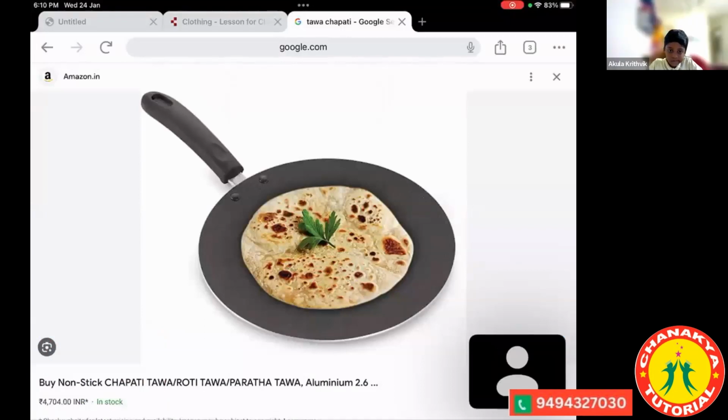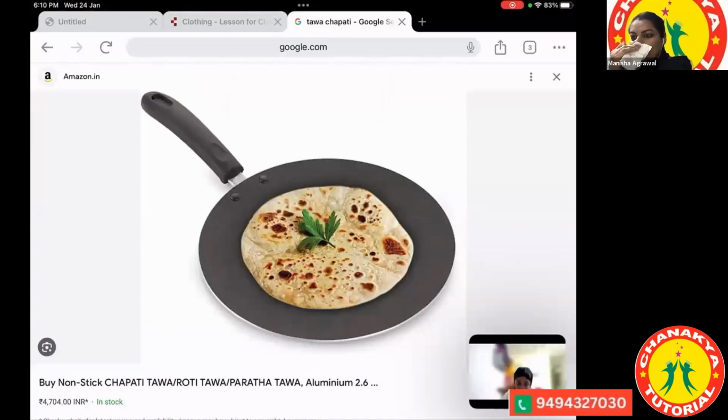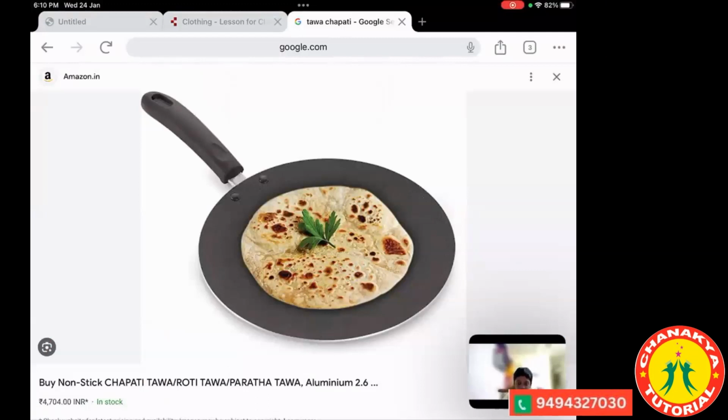Okay. So is she preparing tea on this? No, no, right?